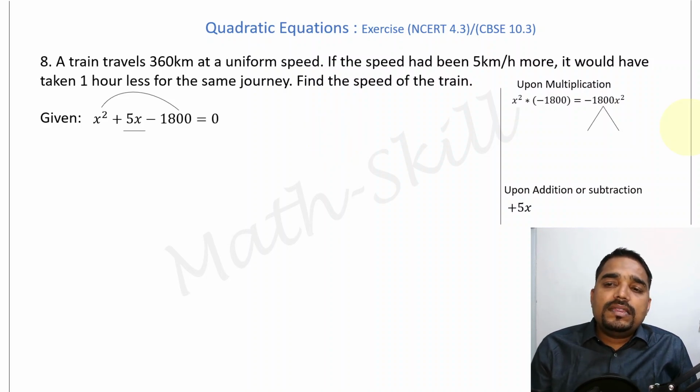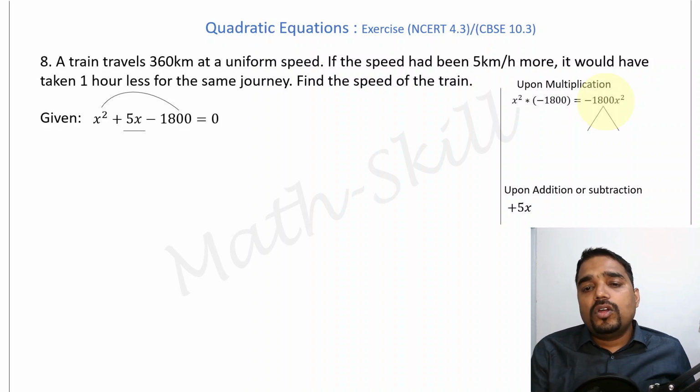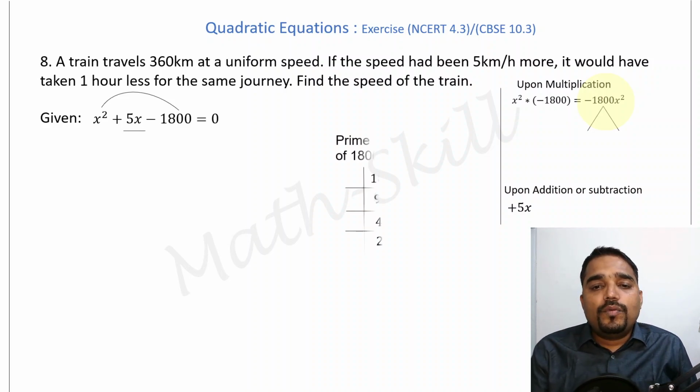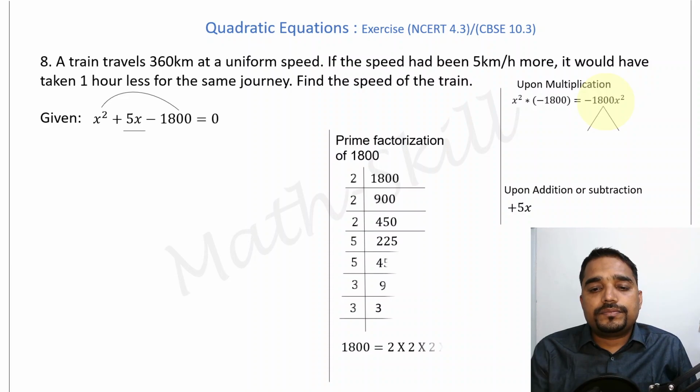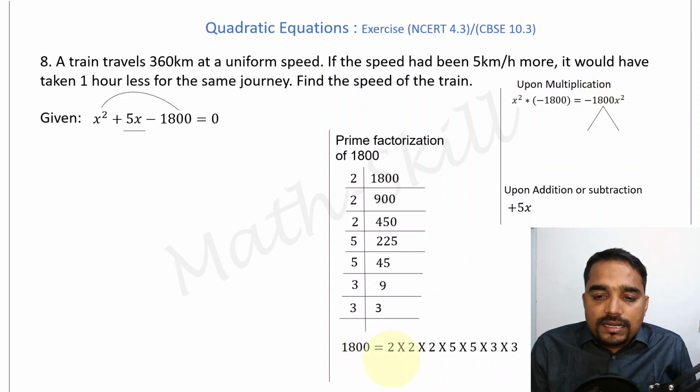Now, since the number 1800 is quite big, so to select the factors, let us do the prime factorization of 1800. Upon doing prime factorization, we see that 2 is available 3 times, 5 2 times, and 3 2 times.